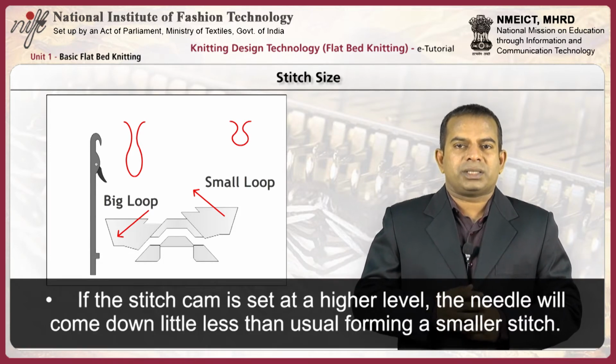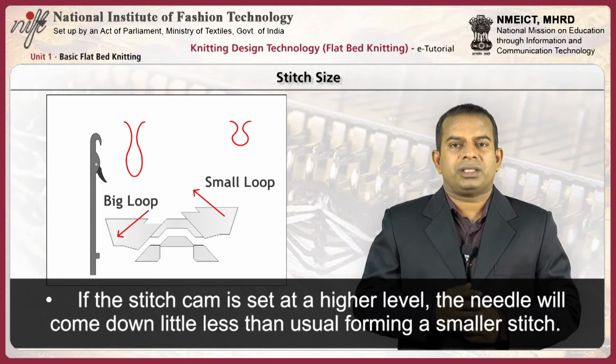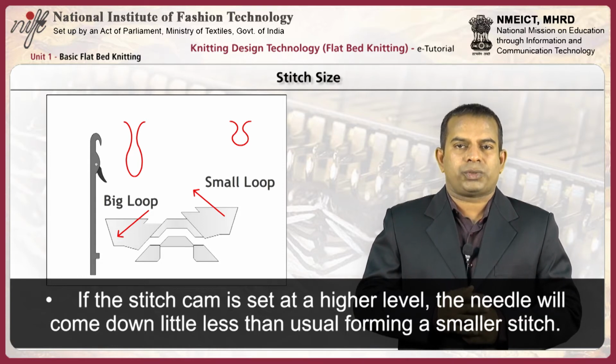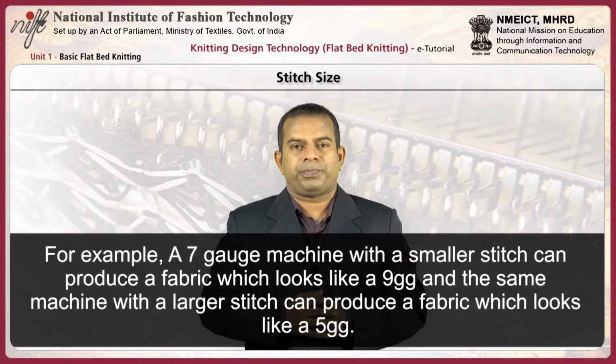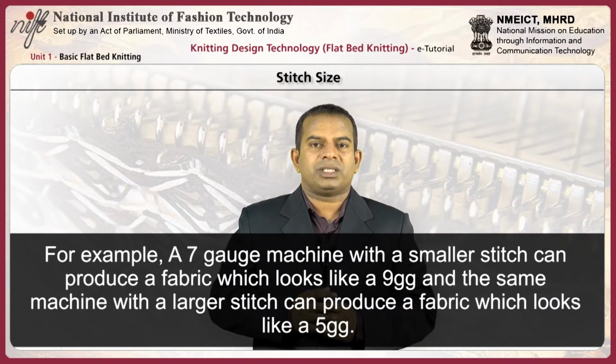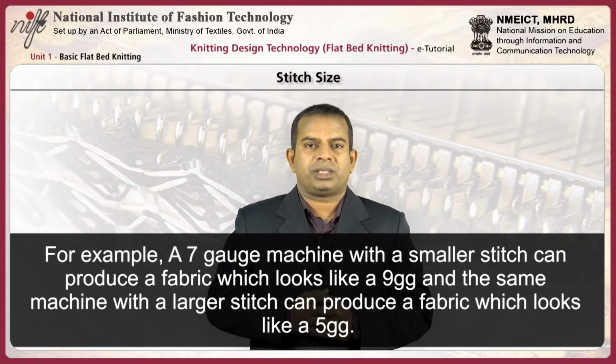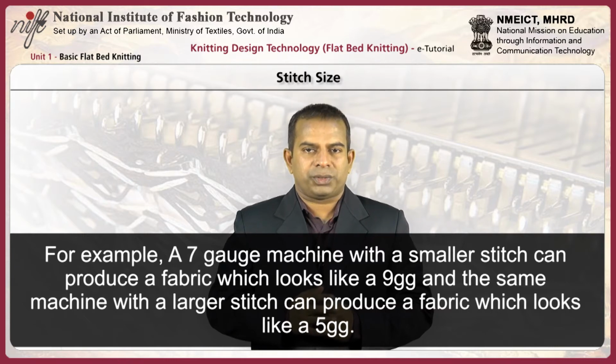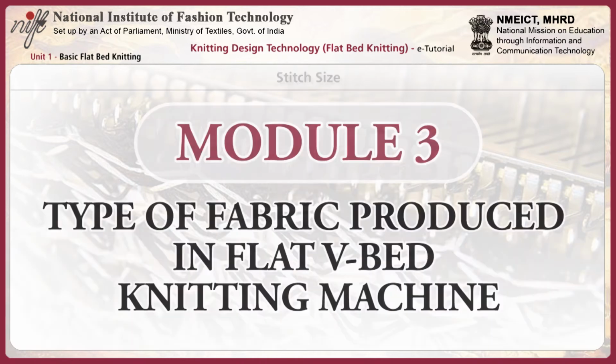If the stitch cam is set at a higher level, the needle will come down less than usual, forming a smaller stitch. For example, a 7 gauge machine with a smaller stitch can produce a fabric which looks like 9 gauge. And the same machine with a larger stitch can produce a fabric which may look like 5 gauge.